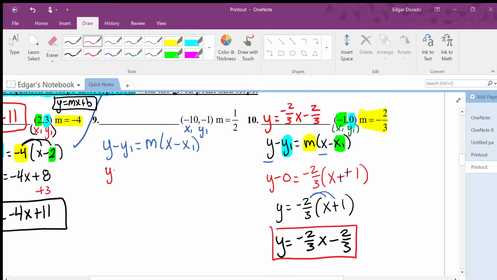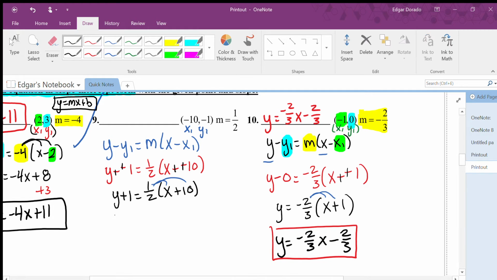So this is y minus a negative 1 equals 1/2 times x minus a negative 10. Well, I notice that this is really a plus 1 and a plus 10. So I have y plus 1 equals 1/2 times x plus 10. Now all I really have to do is distribute here.